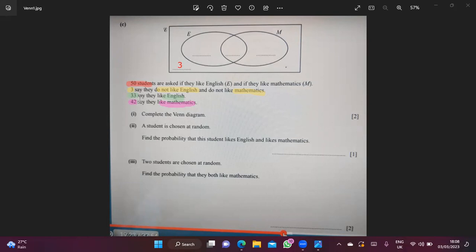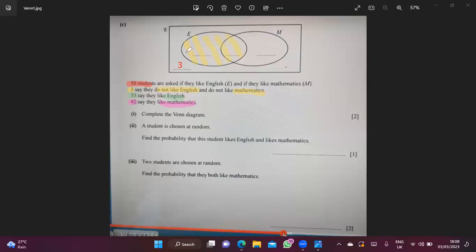Next, 33 say they like English, 42 say they like maths. Okay. So 33 people like English. If I were to shade it, let's try to make this easy to understand. 33 said they like English, meaning if we were to shade, the area is this area.